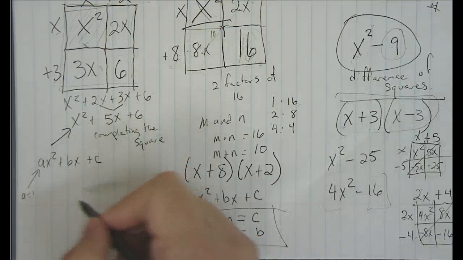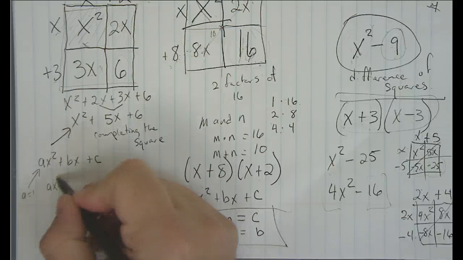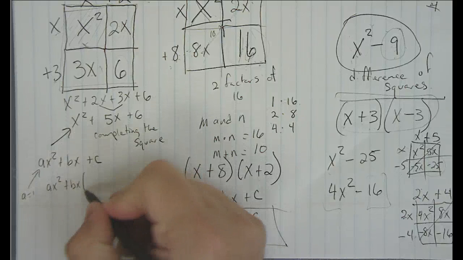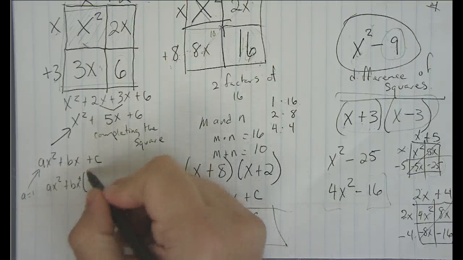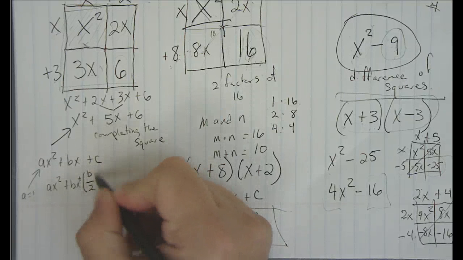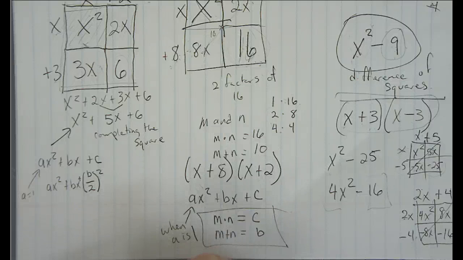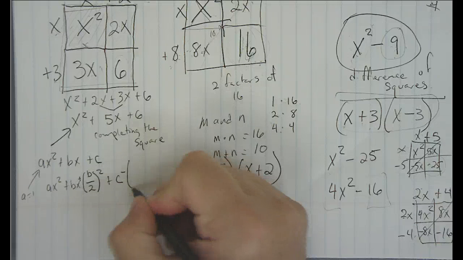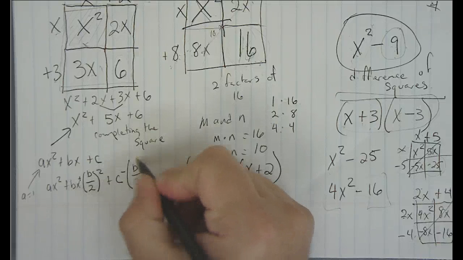What we do is we take our expression, ax squared plus bx, and then we add in plus b over 2 squared, and then we add c, and then we subtract b over 2 squared again.